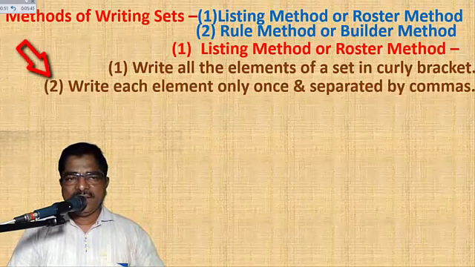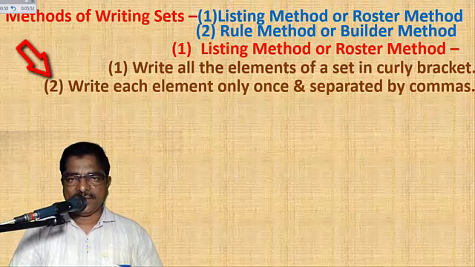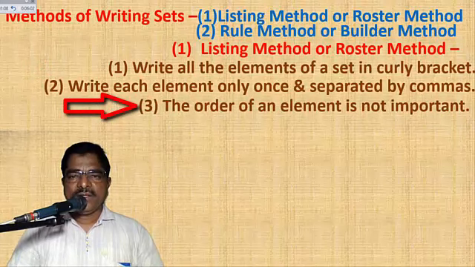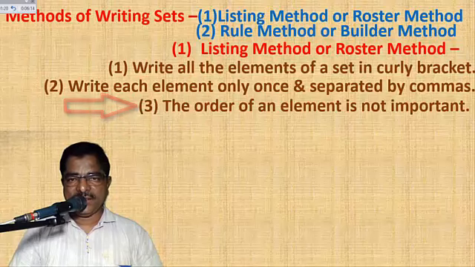Second, write each element only once, separated by commas. The condition is that each element is written only one time and separated by commas. Third step, the order of the elements is not important. Any order we can write here. This is the listing method or roster method.